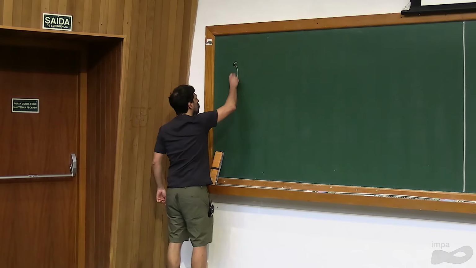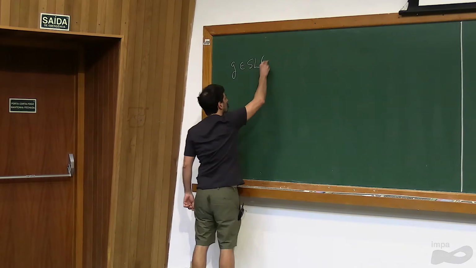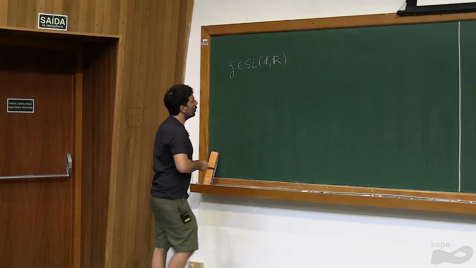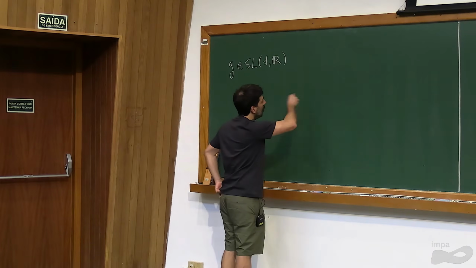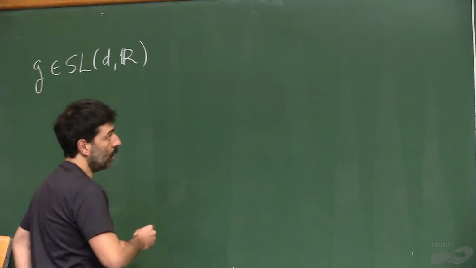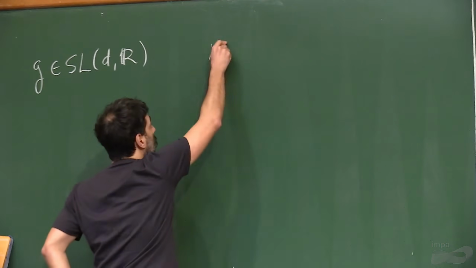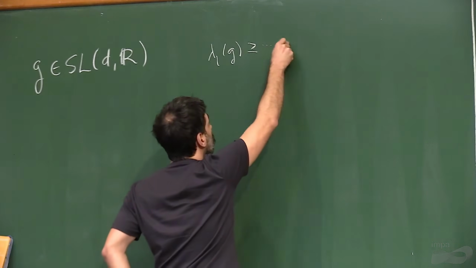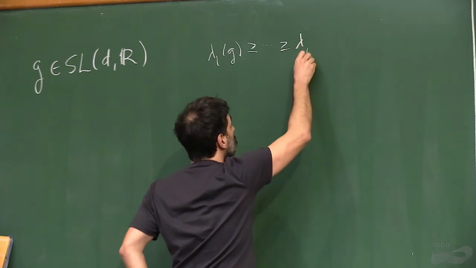So let's consider some D times D matrix. Let me consider its eigenvalues, or essentially the diagonal matrix in its Jordan decomposition. I'm going to order these diagonal entries in decreasing modulus.